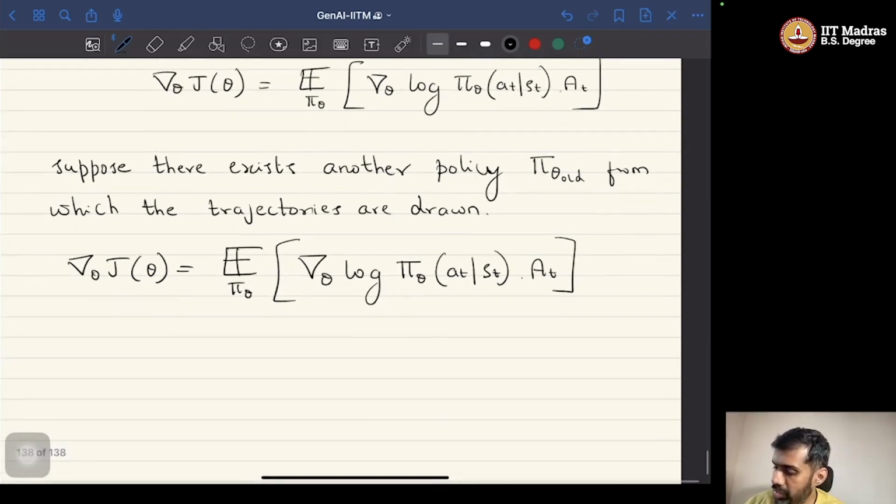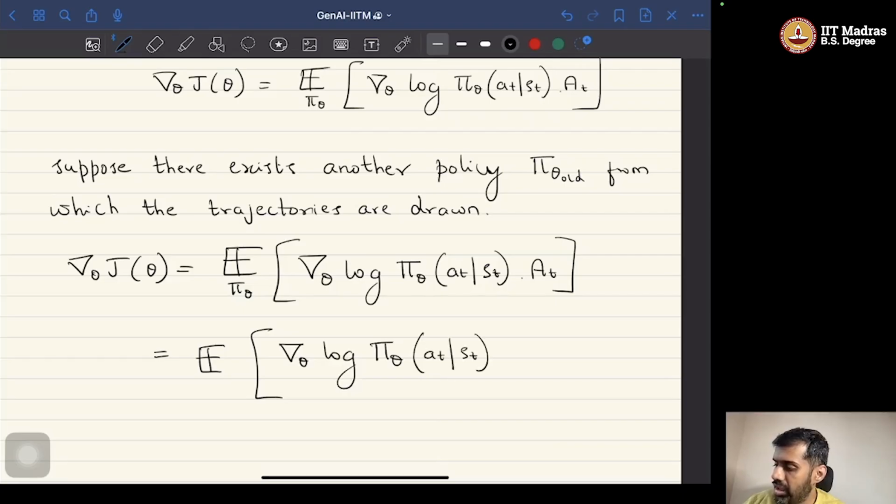This is now equal to the expectation of this function, gradient of log pi theta of a_t given s_t times the advantage function, multiplied by the ratio of the densities, pi theta divided by pi theta old.